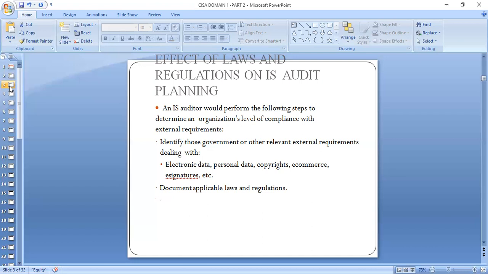They can have the right policies, but the implementation is weak. So you also need to check the extent of the implementation of those policies and standards in the organization. And you also need to realize that sometimes some organizations are very weak in documentation, but they have practice.